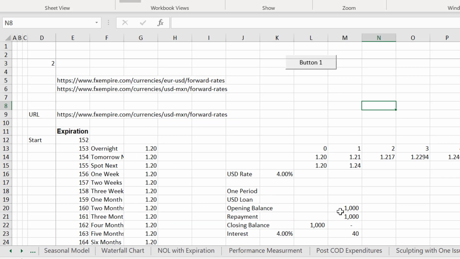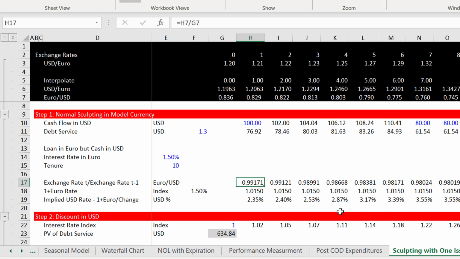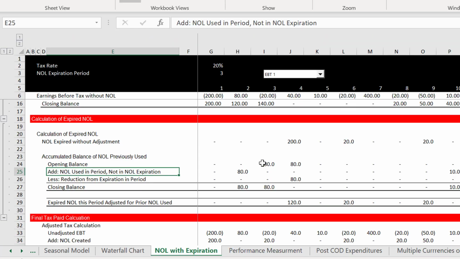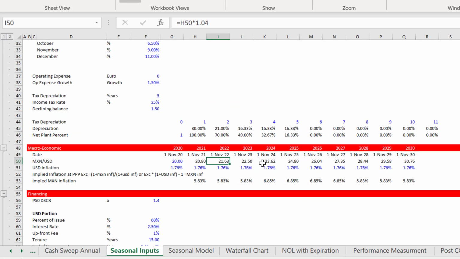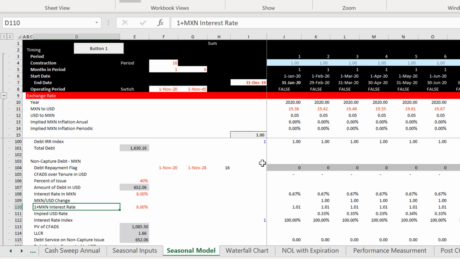When we did it up here with multiple, I can't type and talk, I told you. We did the euro to the USD. The cash flow was in USD, the loan was in euros, and so in this case it would have to be the peso to the USD. So I'm sorry about that.